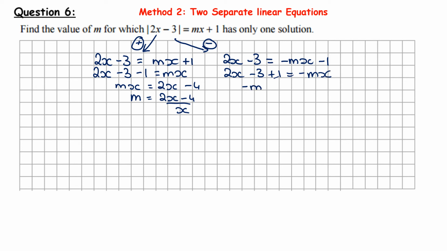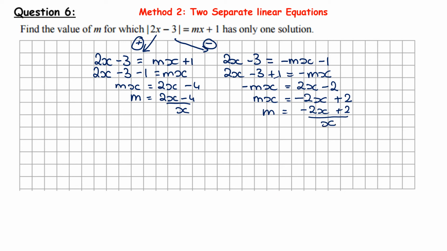So minus mx is equal to 2x minus 2, changing our signs. Mx is equal to minus 2x plus 2, and m is equal to minus 2x plus 2 all over x.